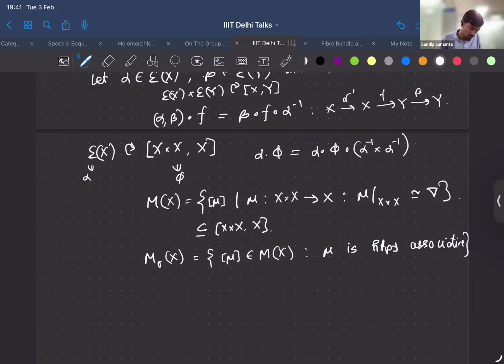Now on this set also, epsilon x still acts on mx as well as m0x.